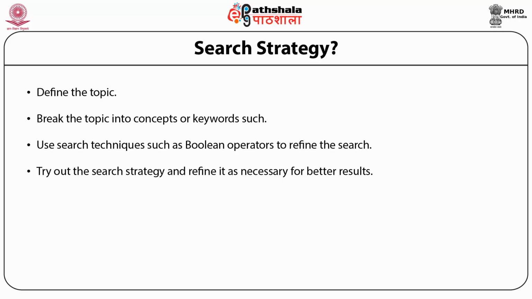And then the next step is to identify the appropriate search tools and search techniques. As you know, there are a number of search tools available, and there are a number of search techniques also. So you have to identify the search tool which is appropriate for your search.